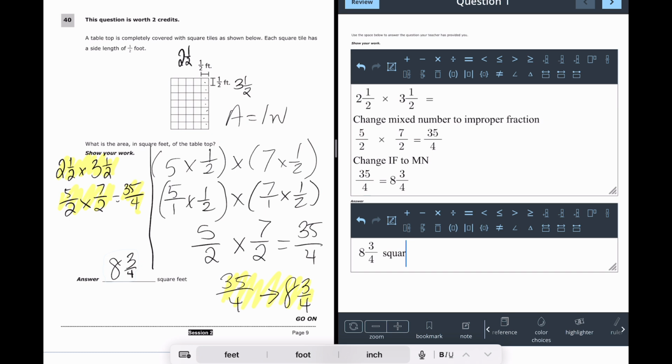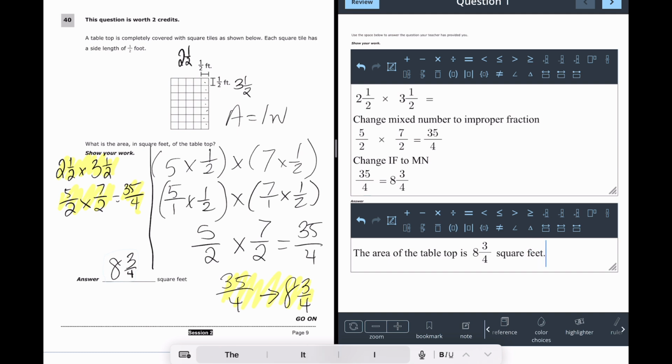The area of the tablecloth. The area of the tabletop is 8 and 3/4 square feet.